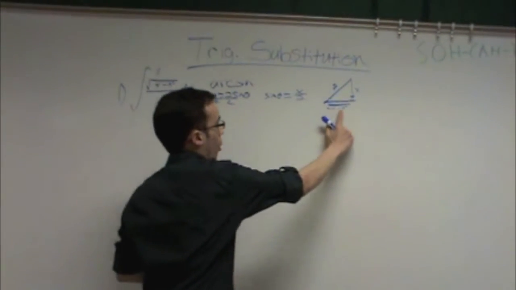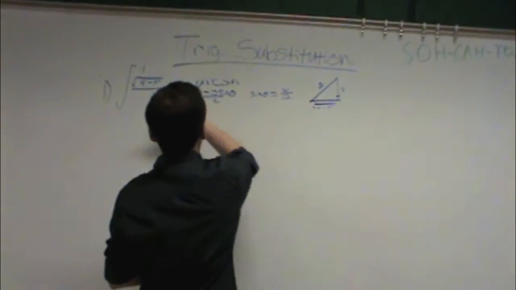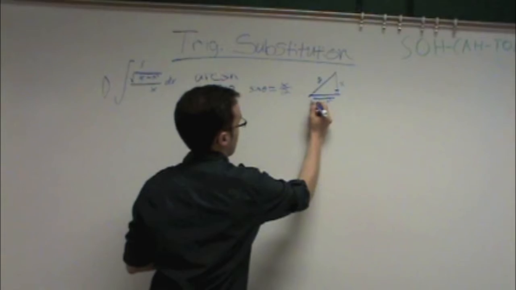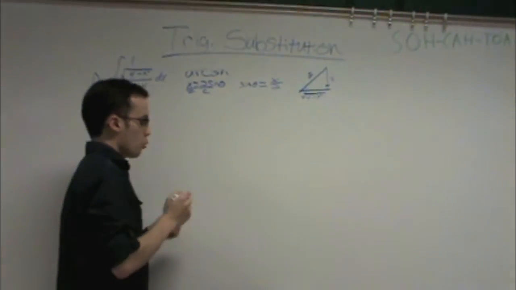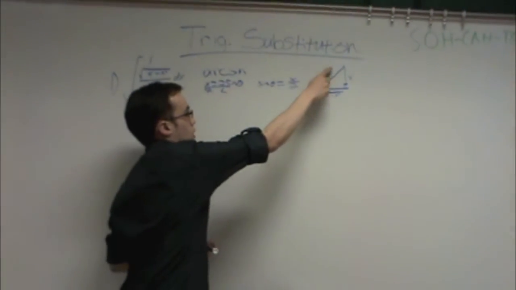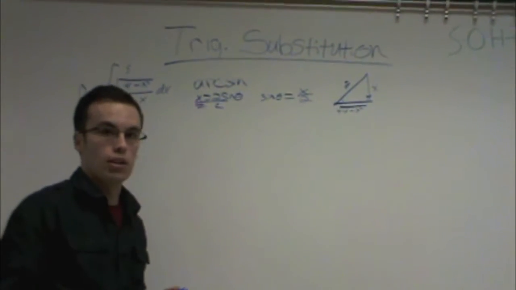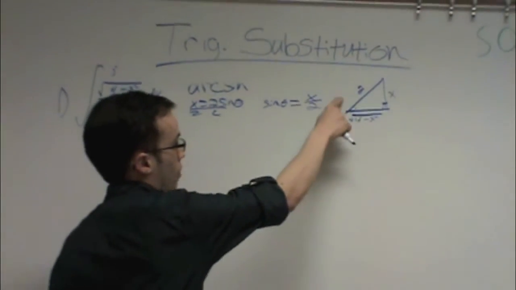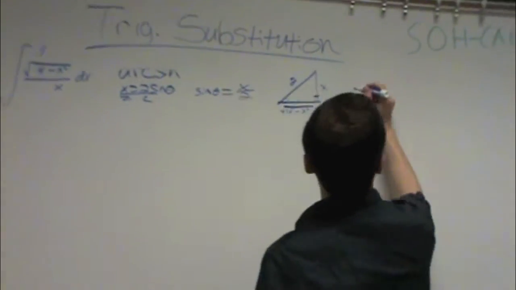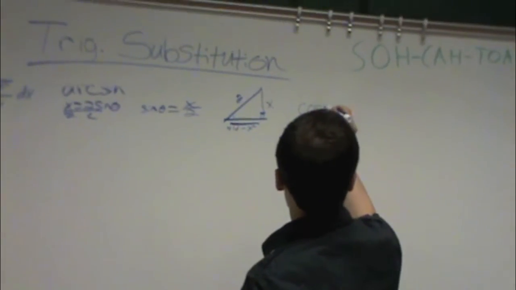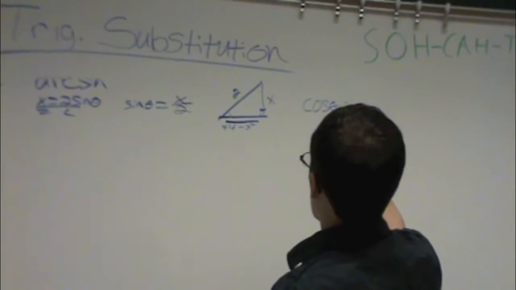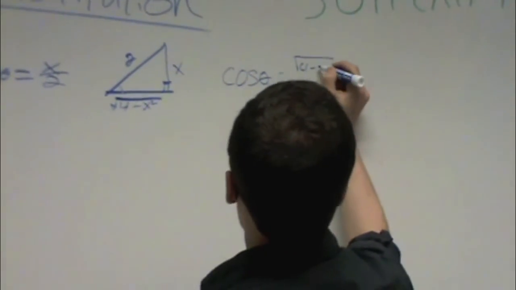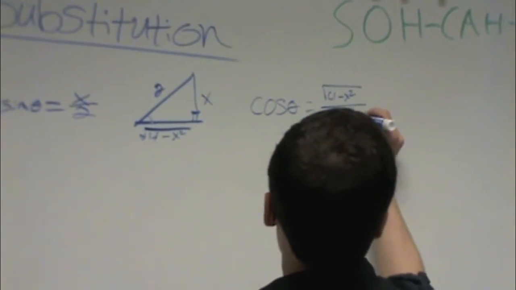You have to involve this term with the x in it, the constant minus the x term, and then you want to put it over the constant. So adjacent over hypotenuse is of the form cosine. So you rewrite this as cosine theta equals square root of 4 minus x squared over 2.